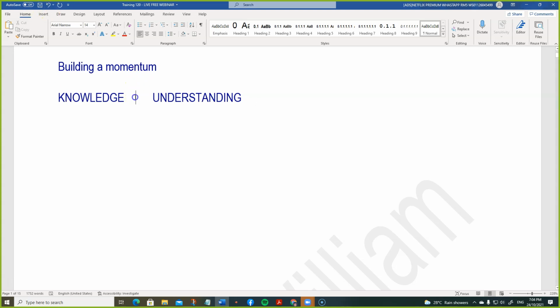So here, we have got a multiplication sign here. And that's important for you to understand. Okay, we're talking about understanding here. Understanding means being able to apply that knowledge, knowing when you can apply the knowledge and knowing when you can't apply that knowledge. All right, how it will not be applicable for that particular scenario.